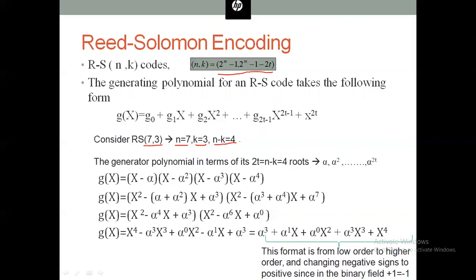It means it can correct two errors and find the location of two errors. The generator polynomial is of the order of 2t, and the roots of this polynomial are alpha, alpha 2, up to alpha 2t, and in our case 2t is equal to 4.